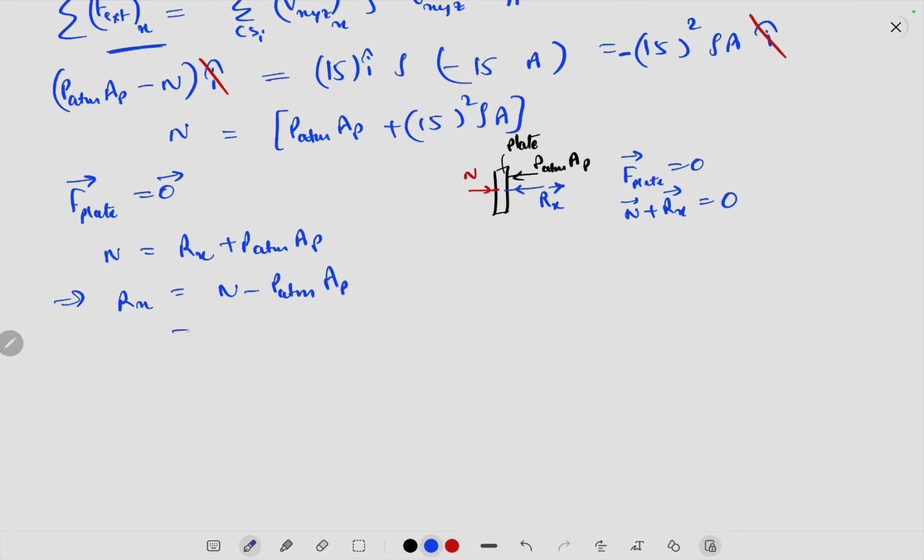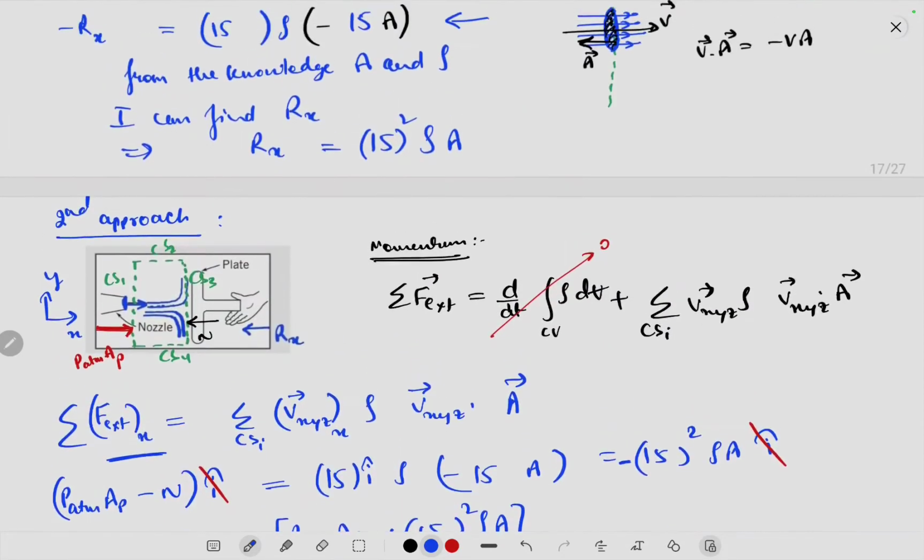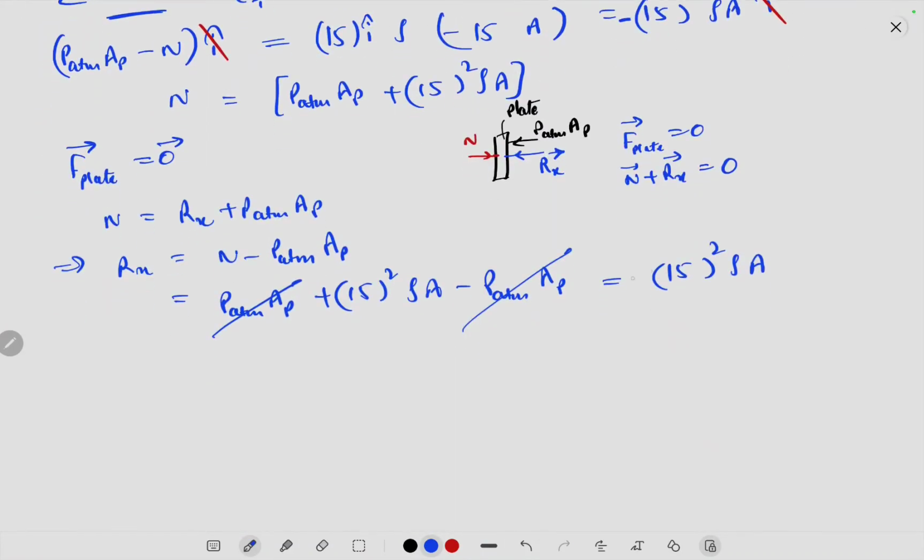And what was N? The magnitude of N was this, P atmosphere AP plus V square rho A minus P atmosphere times AP. This and this term would get cancelled out, and this will become V square rho A. And we can see that the value of Rx that we found from the first approach and the value of Rx that we find from the second approach, both values are same.